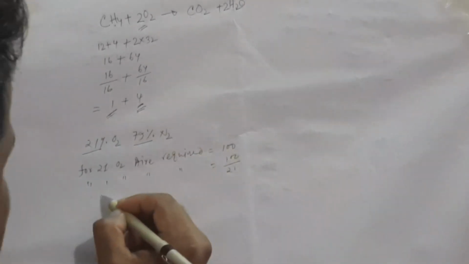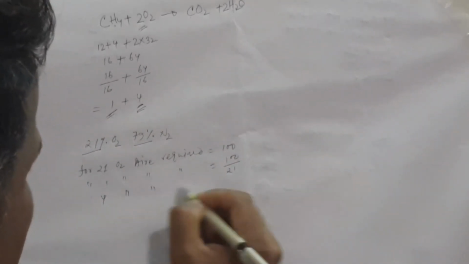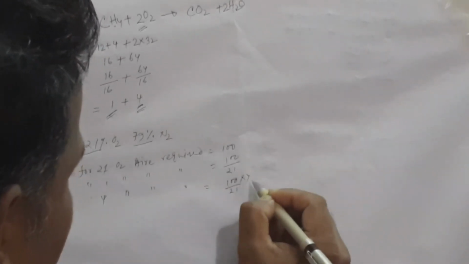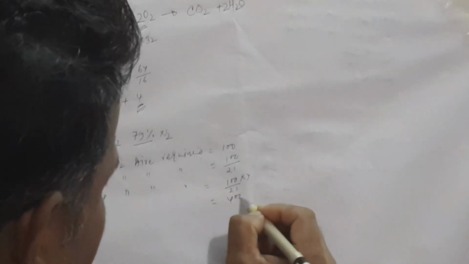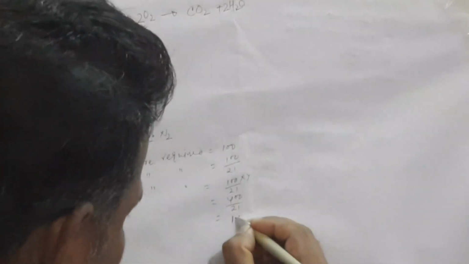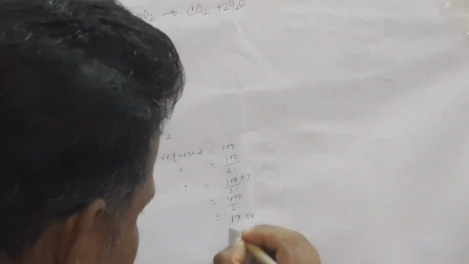For 4 mole oxygen, air required is 100 divided by 21 multiplied by 4, that is 400 divided by 21. How much is that? It comes to 19.04. So 19.04 mole air is required. Do you understand that? I hope you have understood.